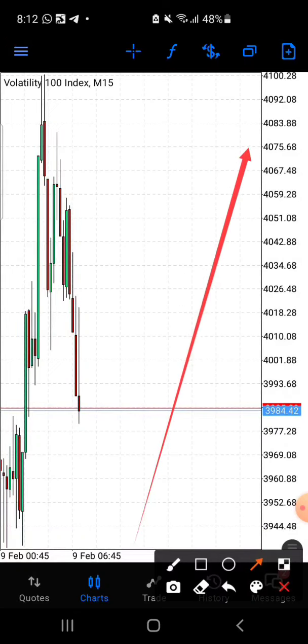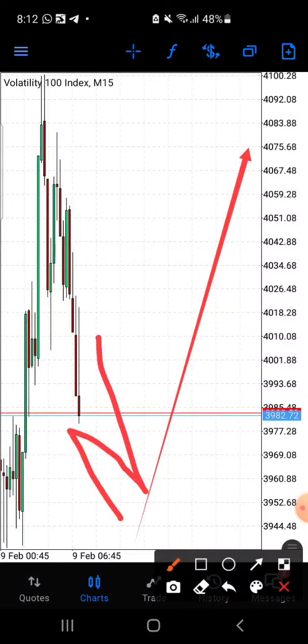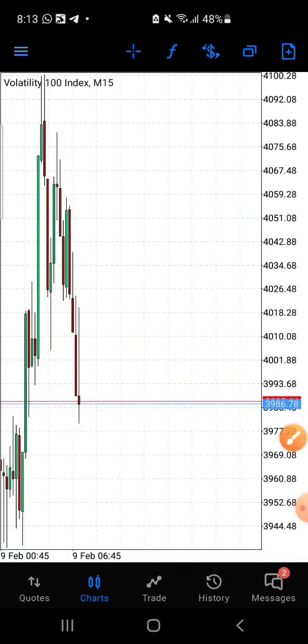The price moves in swings. So if it's an uptrend, you must see the price creating a higher high, higher low, higher high, for you to start looking for your entry. You must see these highs and also these higher lows as the price is pushing up. Then that's the point you now start looking for your entry.